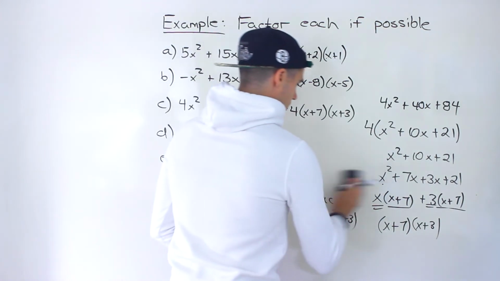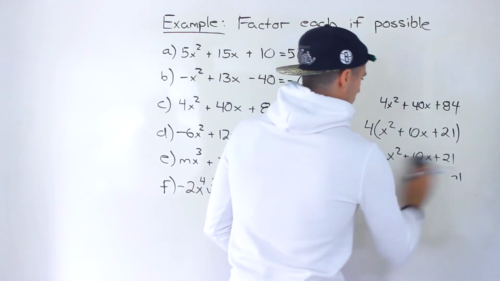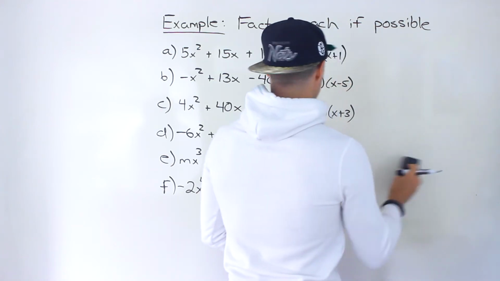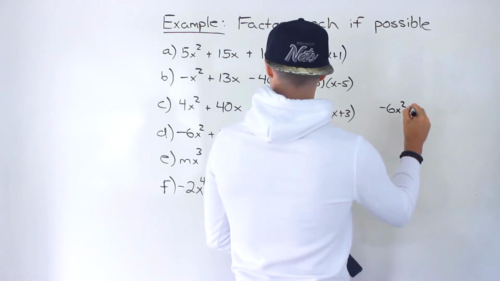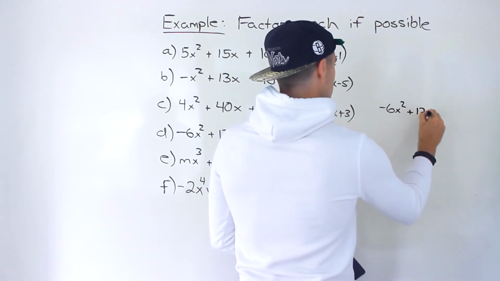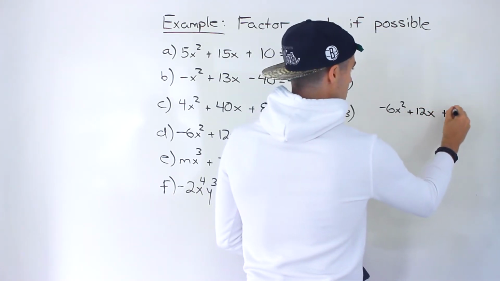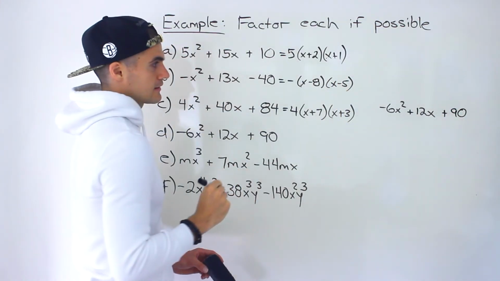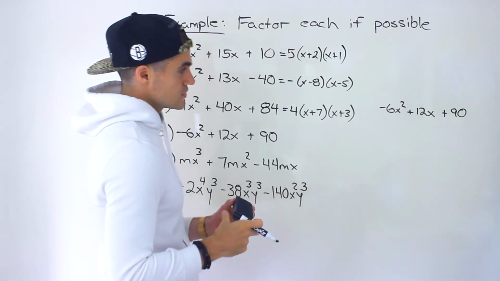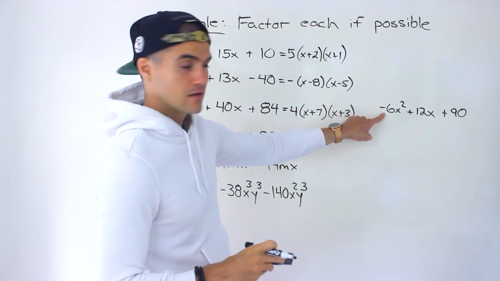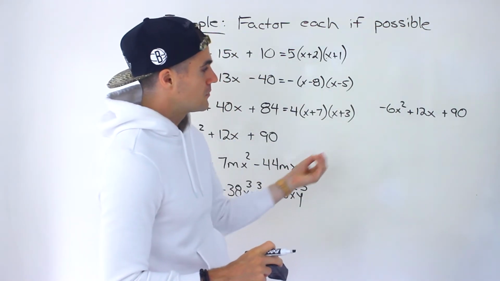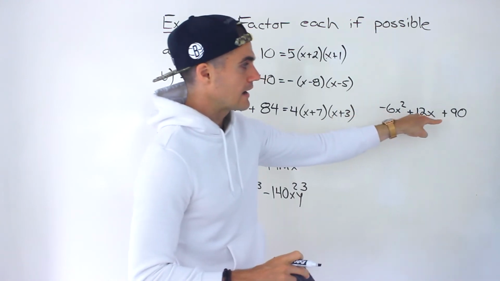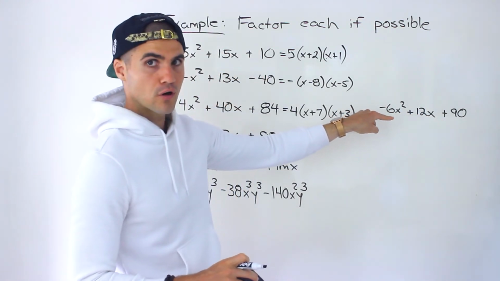Right, moving on to part D, we've got negative 6x squared plus 12x plus 90, like that. So first off, notice the leading coefficient is negative, so we're definitely going to take out a negative value, at least a -1. But also notice we're working with a 6, 12, and 90, so the common factor for all of those is 6.